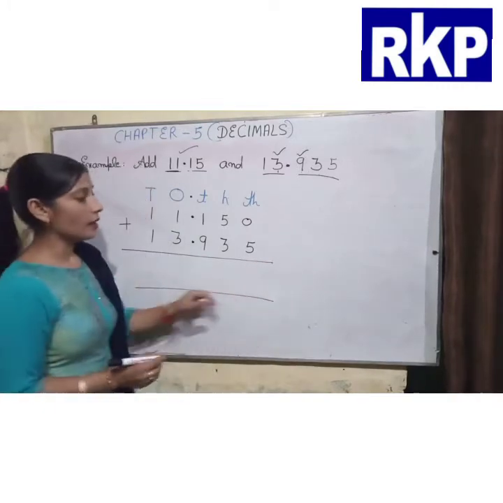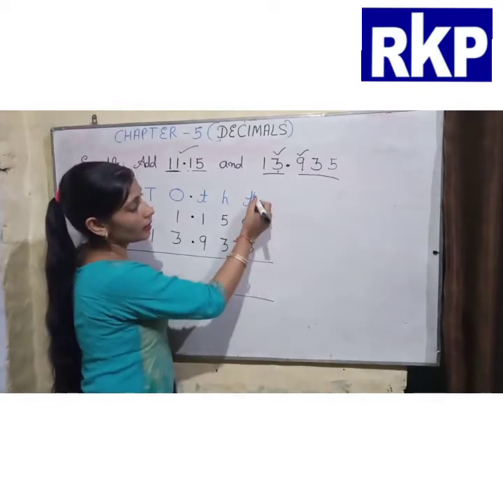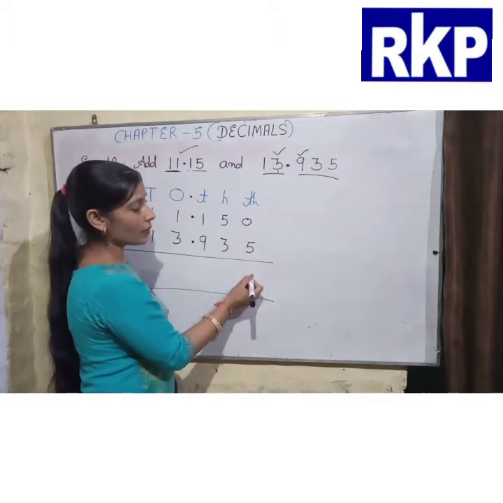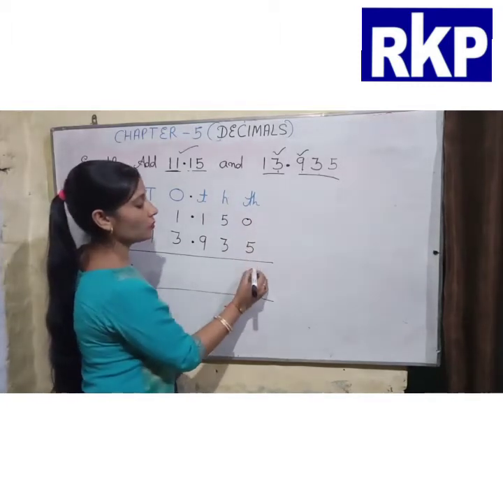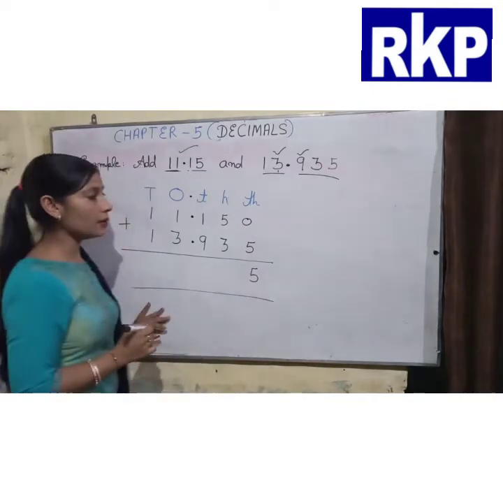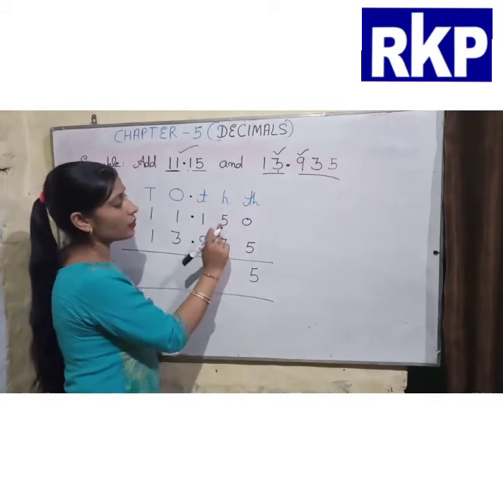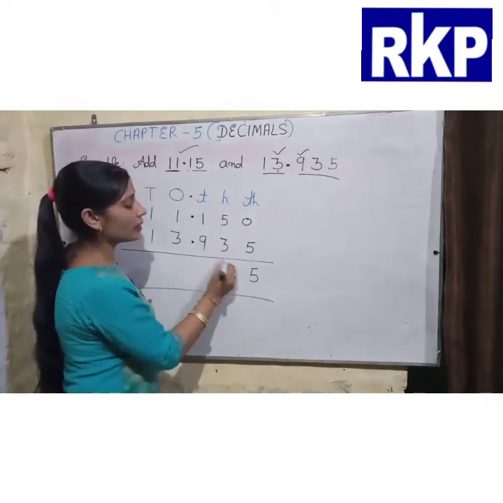Let us start from the last digit. Here in the thousandths place we have 0 and 5. So we have to add 0 and 5. When we add 0 and 5 we will get only 5. Now comes the hundredths place. Here we have 5 and 3. When we add 5 and 3 we will get 8.